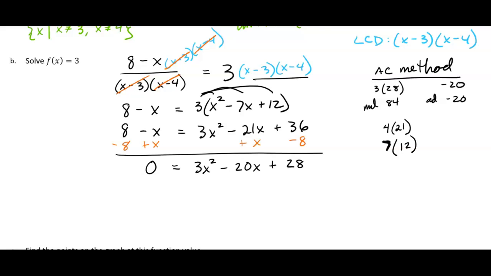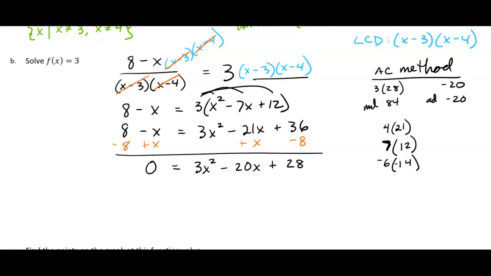Well, that doesn't add up to negative 20. Does 6 go in? Maybe 6 goes in. I think I went past it. 6 times 14. I was not going to guess that right off the bat. Okay, 6 and 14 make a negative 20. They'll both have to be negative.